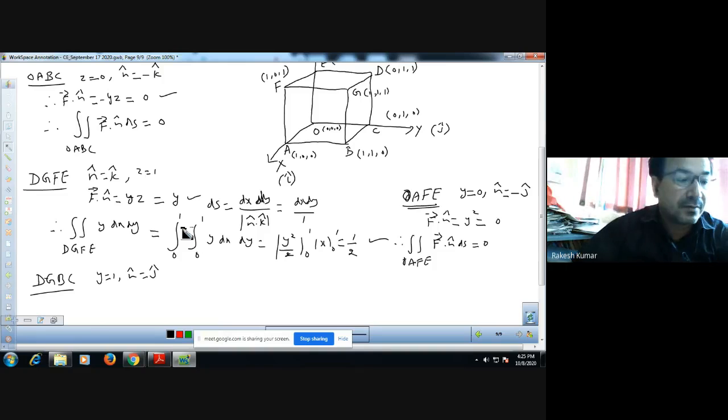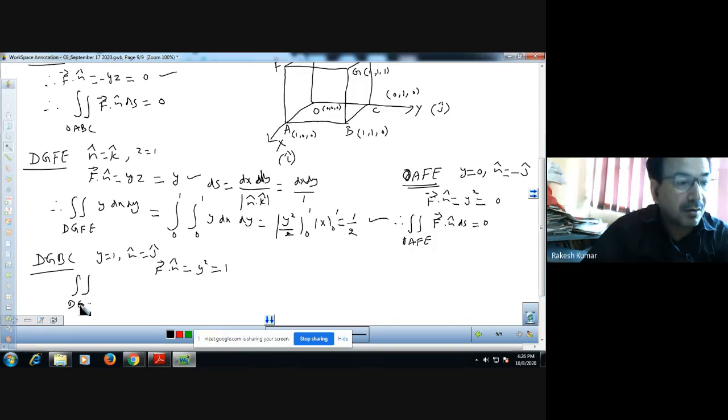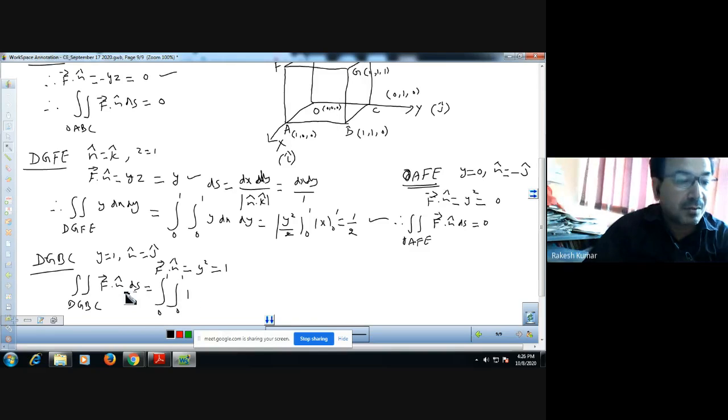And you can find out the dot product now. F dot n cap will come out to be y square. This comes out to be 1, because the value of y is 1. Now you can evaluate the double integral along the face DGBC, and the value will be f dot n cap ds. This is the double integral within the limits 0 to 1, 0 to 1. It comes out to be 1.